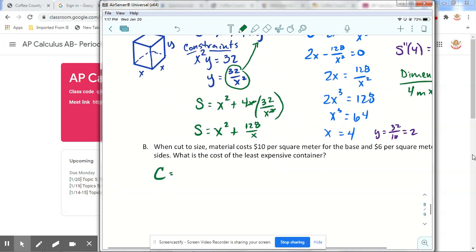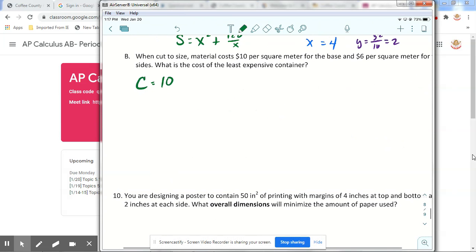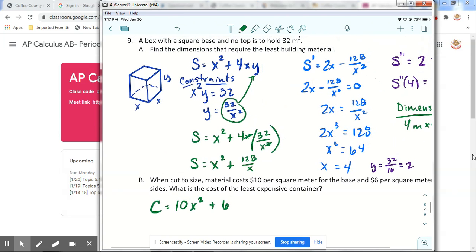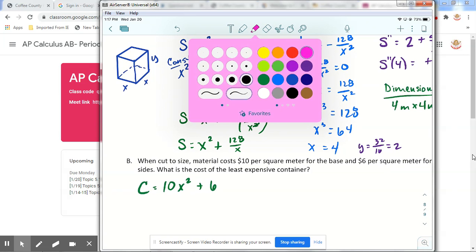So then we're going to multiply $10 times the area of the base, and then plus $6 times the area of the sides. Now I've already kind of simplified that down when I did this problem up here.